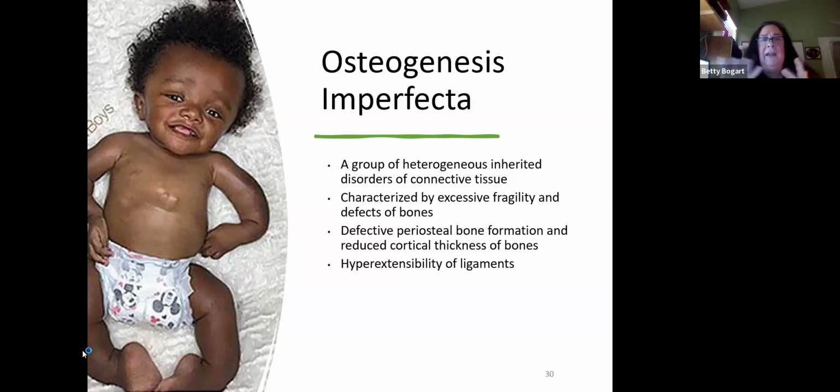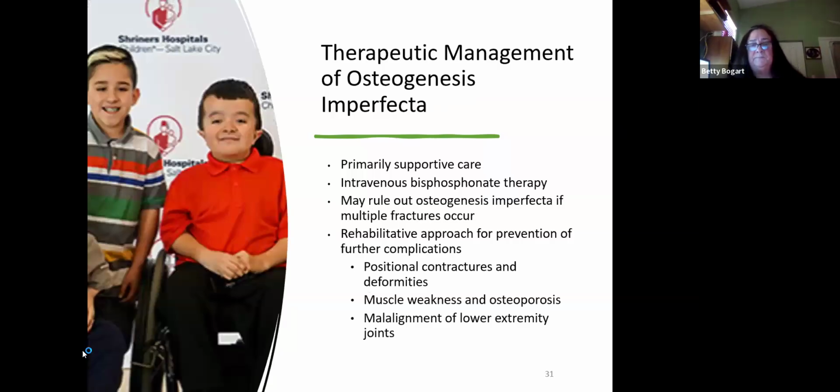And the whole thing is not to break bones on them and to try to keep them in a position where they can be in a wheelchair and at least move around because mentally they are very alert. Their bodies are not, but mentally they're there. So again, we want to be careful of fractures and keeping them in a way that they can be in a wheelchair and move around, okay?